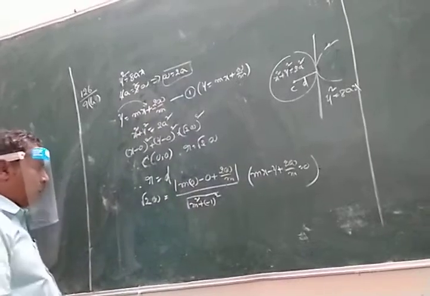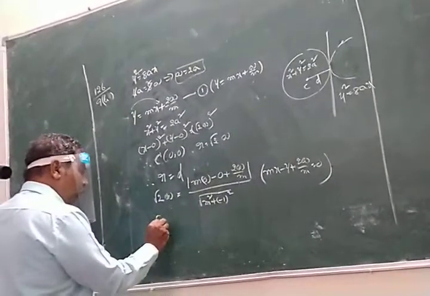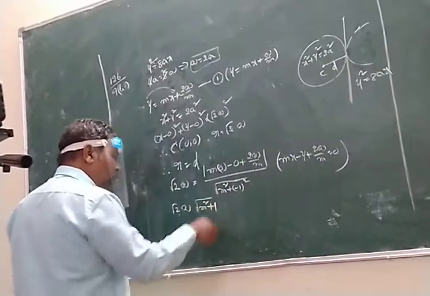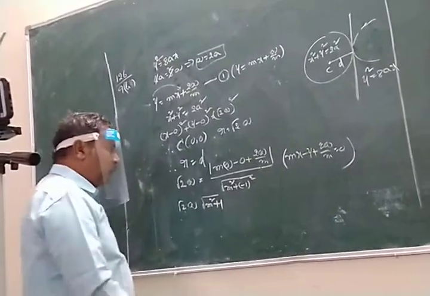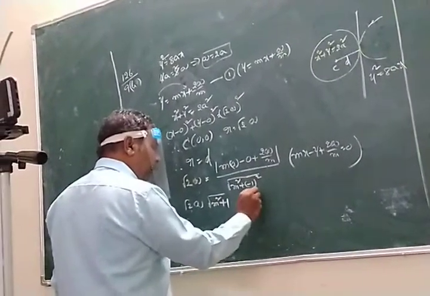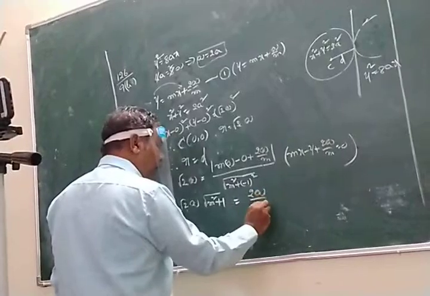Simplify that by cross multiplication: root 2a into under root m square plus 1 equal to 2a by m.